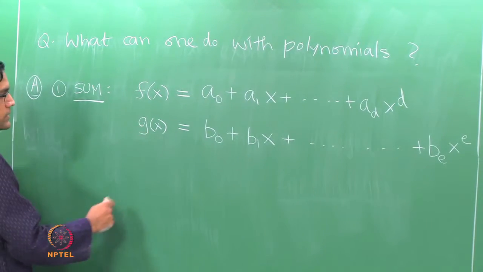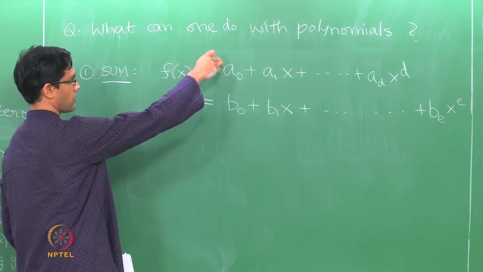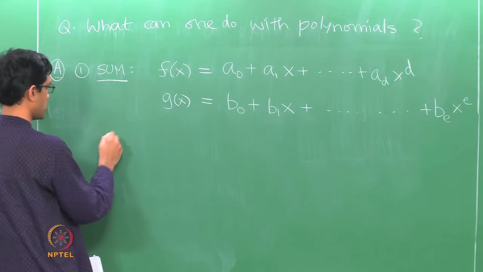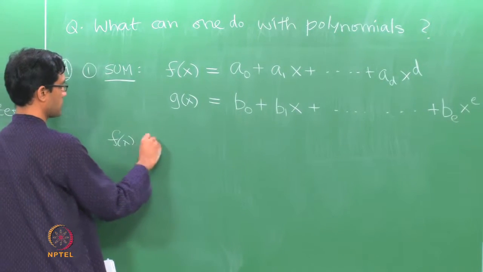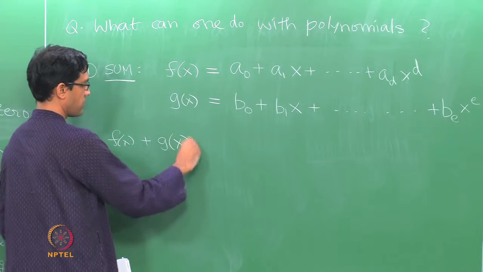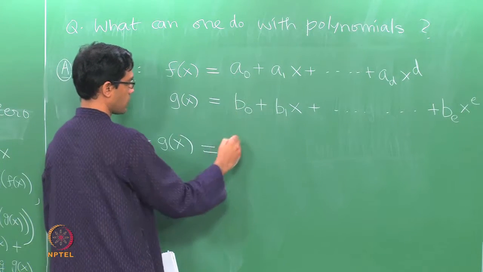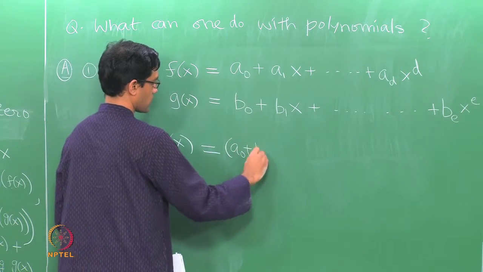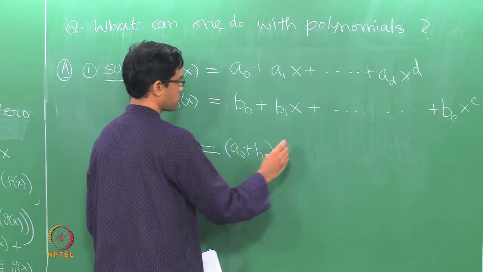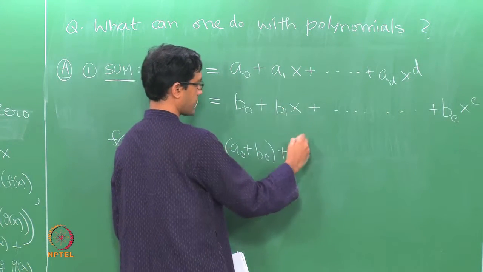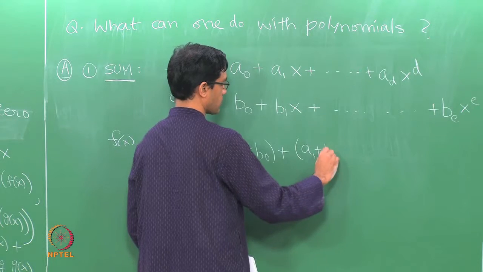Then the sum is just defined term by term. So how do you define the sum of the two polynomials? In the obvious way. I assume this must be familiar. We just take a0 plus b0 as the constant term, and then you collect coefficients of like powers of x. So for x the coefficient is now a1 plus b1 and so on.